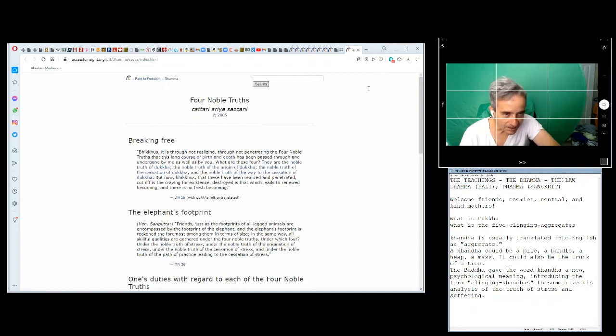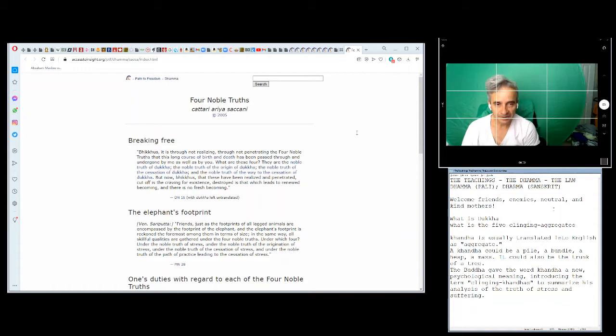But maybe I should say the good law. The good law, as in following the good law will lead to good results. So the Dhamma is referred to as the good law, or it's translated that way.